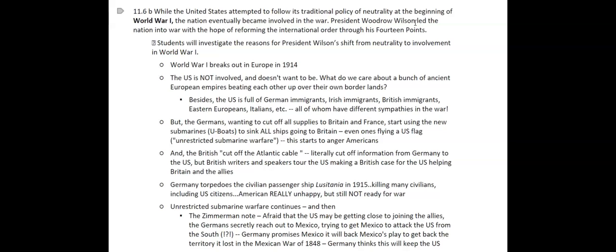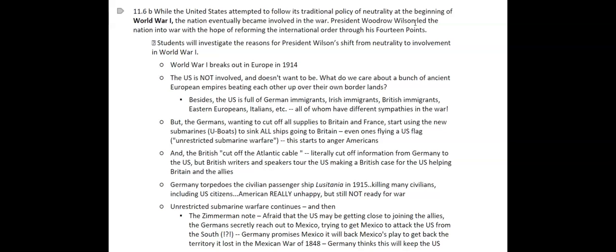In 1915, the Germans torpedo a passenger ship called the Lusitania. The way you got across the Atlantic in those days, of course, is by ship. You couldn't go by air. There were no airplanes yet capable of doing that. Lusitania was a passenger ship, full of civilians, including American civilians.